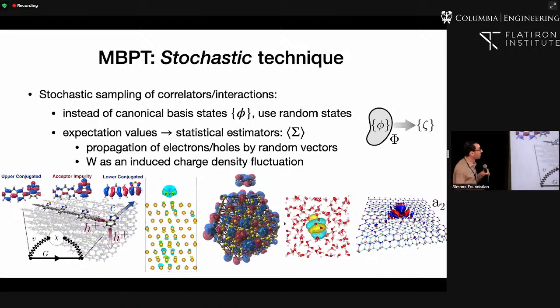Okay, so here are some examples of the problems and systems we have looked at so far. Some photovoltaic systems, some coupling to plasmons, even disordered phases where we are doing orbital reconstruction and simulating photoemission spectra of molecules in water, and a lot of effort has been done on quantum materials and quantum defects for quantum information science.